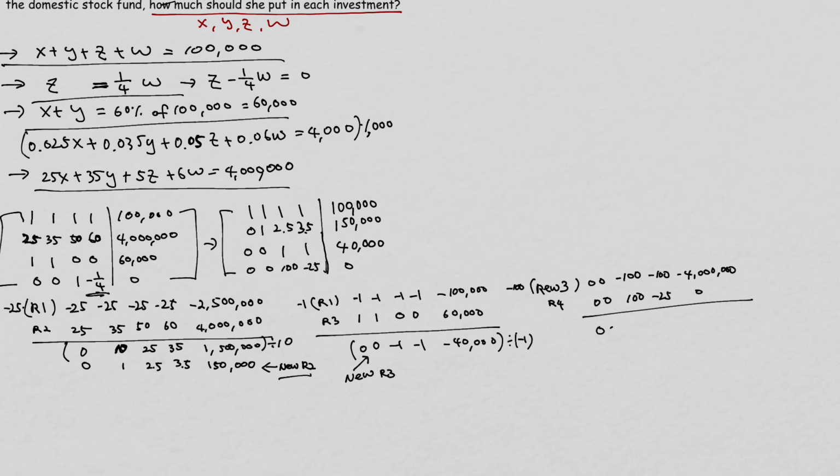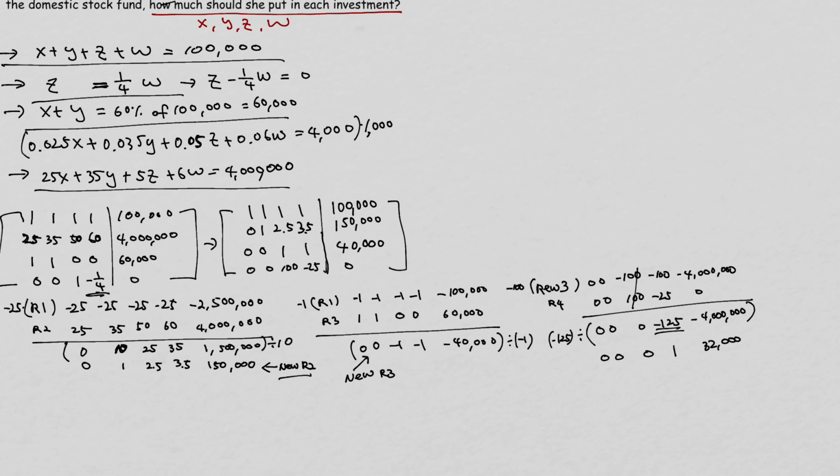When you add them up, it cancels out. 0, you get negative 125 and negative 4 millions. We're going to divide this by negative 125 to make this number 1, right? So it'll be 0, 0, 0, 1. Negative divided by negative becomes positive. It gives me 32,000.